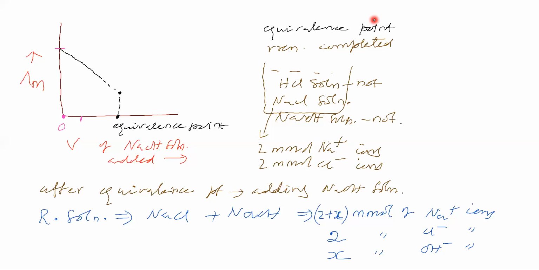You see the total millimoles of ions here, and at equivalence point you compare. Is there any difference or no difference? Now what happens to the number of millimoles of ions? Is it increasing or not? So what will happen to the molar conductivity?